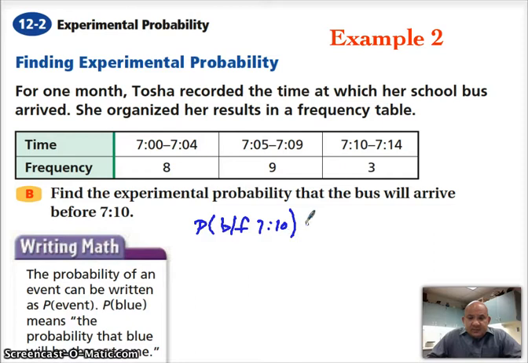I'm going to end that parentheses, put my equal sign there. In this case, before 7:10 would include this number as well as this number. So 8 plus 9 is 17 out of a total number of trials, which we determined earlier was 20. So 17 out of 20 times the bus will arrive before 7:10.